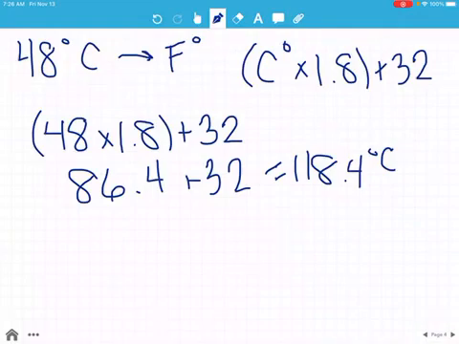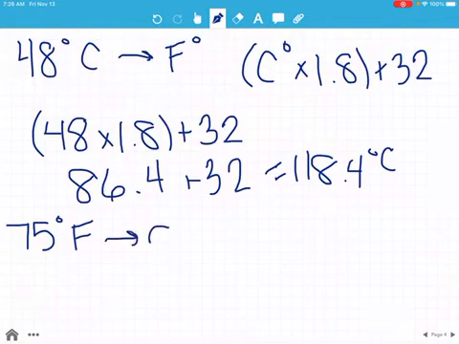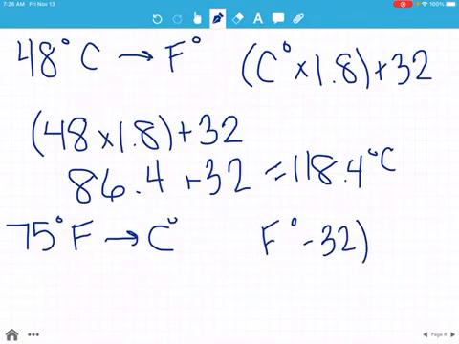What if we're talking about Fahrenheit to Celsius? So let's see. Let's say it is, I don't know, I like 75 degrees Fahrenheit, nice fall day. We want this in Celsius. So remember, our formula is Fahrenheit minus 32 times 5/9.